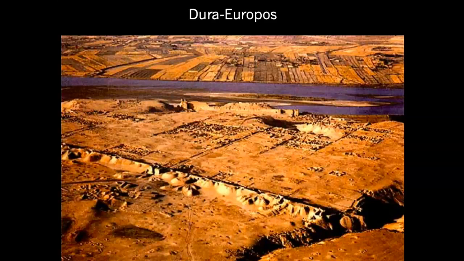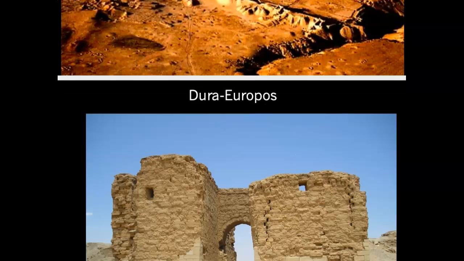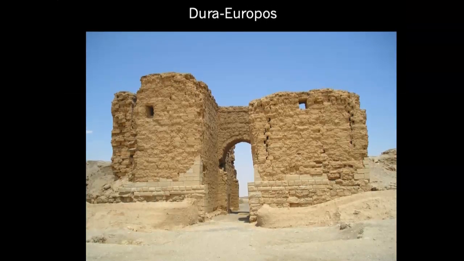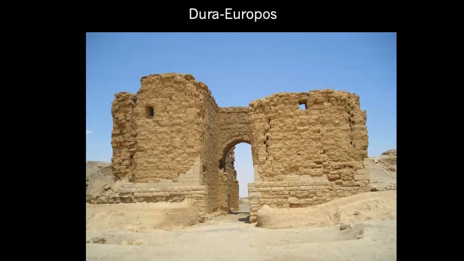We look at Dura-Europos for Jewish art because it is here that we see a very well-preserved synagogue and house church that were constructed during the time of Roman rule and help us to understand the larger context of art in late antiquity by the Jewish people, or those of the Jewish faith.